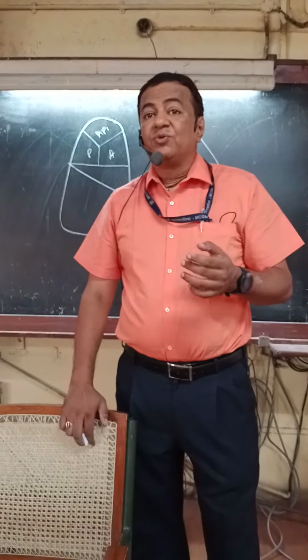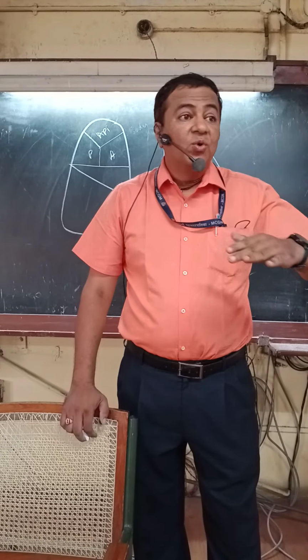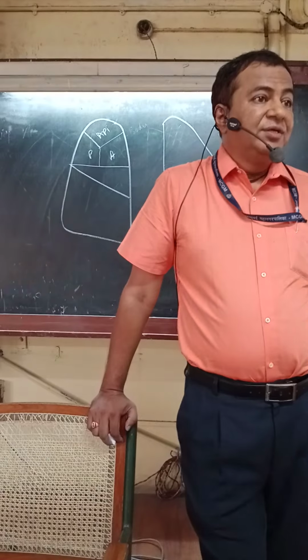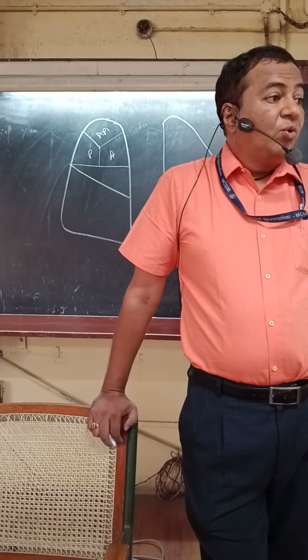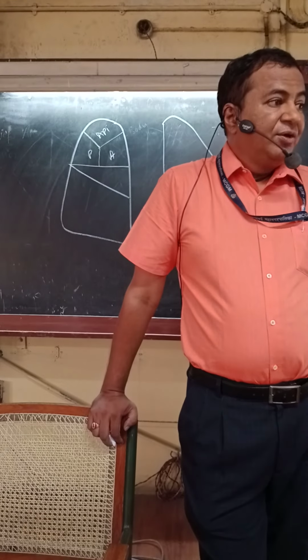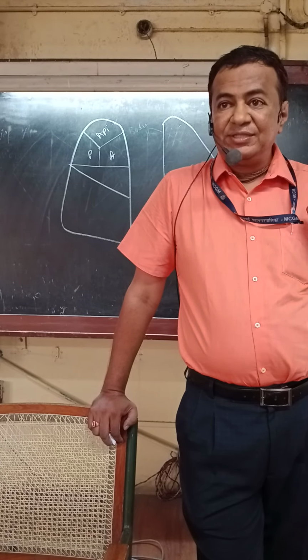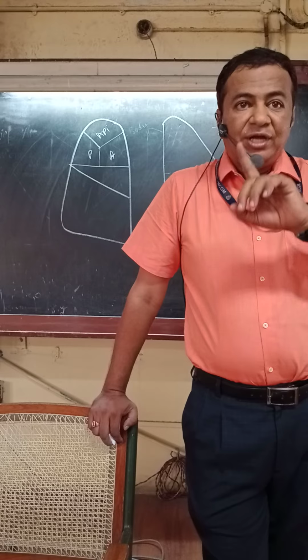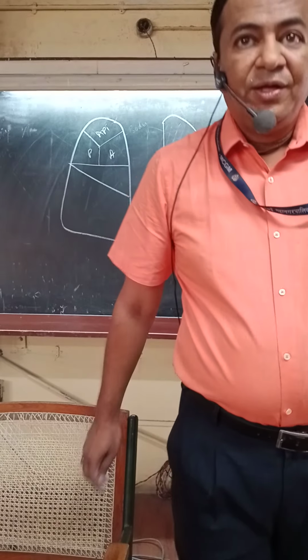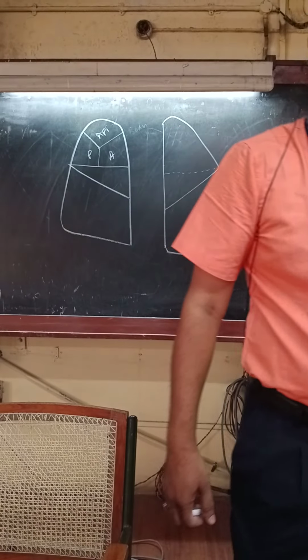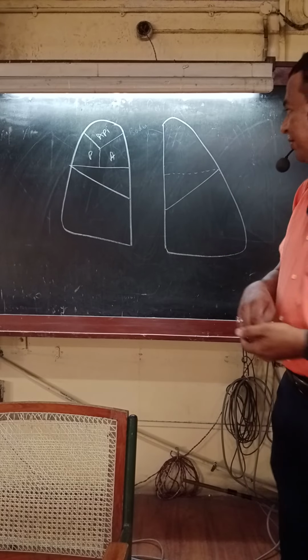Therefore, sometimes they ask why they are not called bronchovascular segments: because they don't have their own vein. Veins run in between the two bronchopulmonary segments. They don't have their own veins. Therefore, they are not called bronchovascular. Okay.